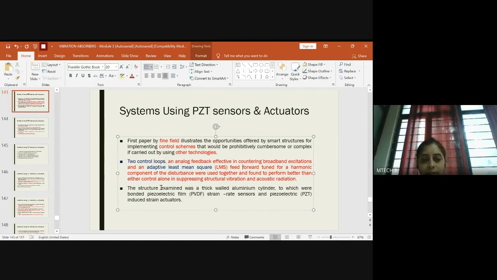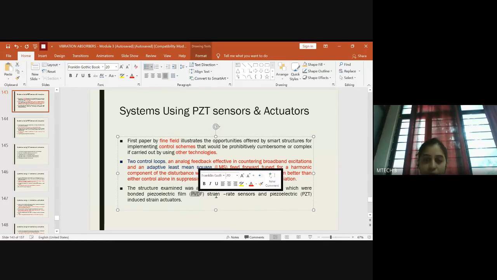Here, the structure he used was a thick walled aluminium cylinder. This cylinder was bonded with PVDF strain rate sensors, that is, polyvinyl based strain sensors.